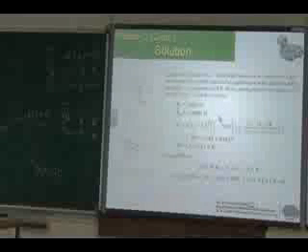Get the magnitude: root of Fx square plus Fy square plus Fz square will be the magnitude of the unknown force. And the angles can be found by using the unit vector concept, cos theta, alpha, beta.